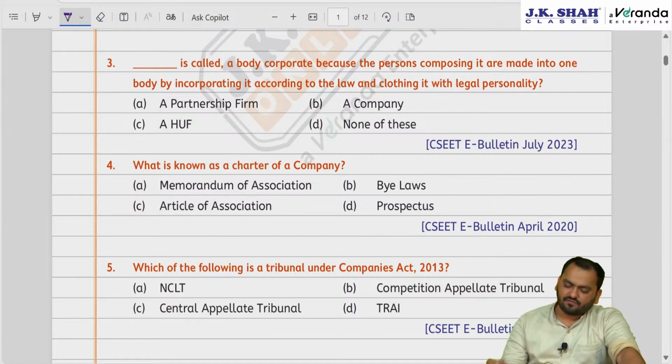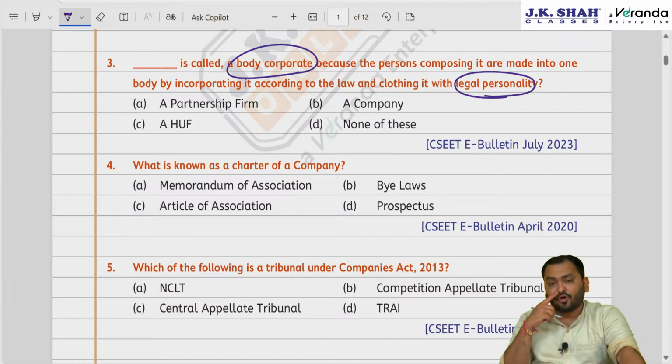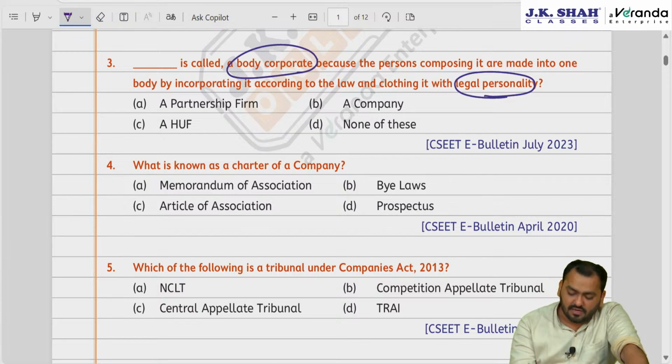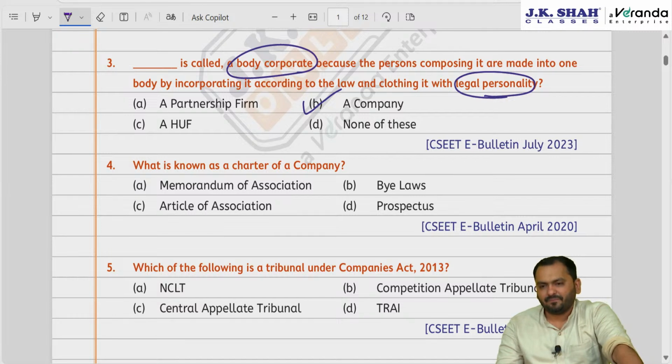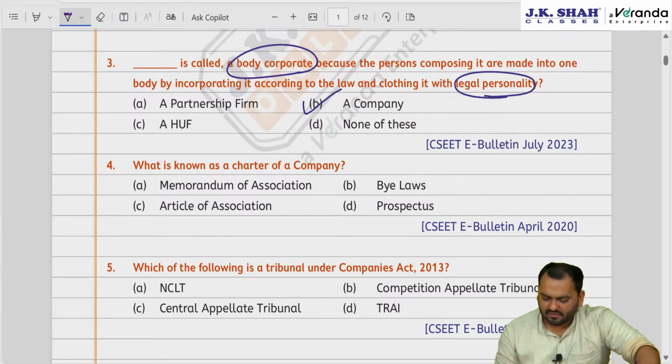So definitely these features, legal personality, separate legal entity, created by law and body corporate, directly connect us with option B, that is company, because no other form of business has such features. So I hope this is clear to everyone.